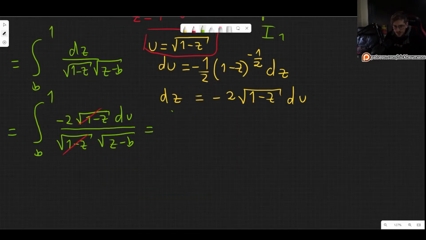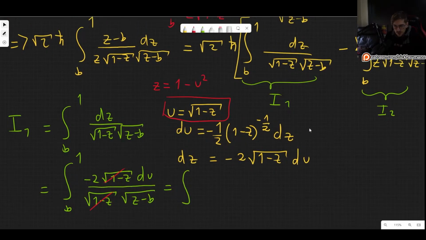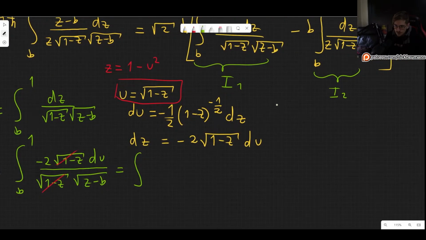So here we have the integral. Oh, and we didn't change the limits before, so let's do it now. Now, in our new variable u, what are the new limits? So maybe let's do it somewhere over here. So when z used to be b, then u is simply the square root of 1 minus b.